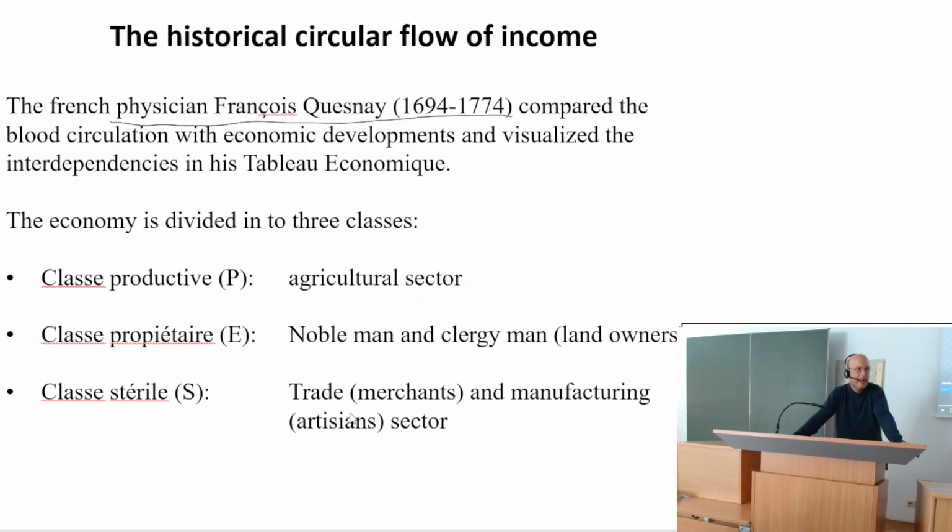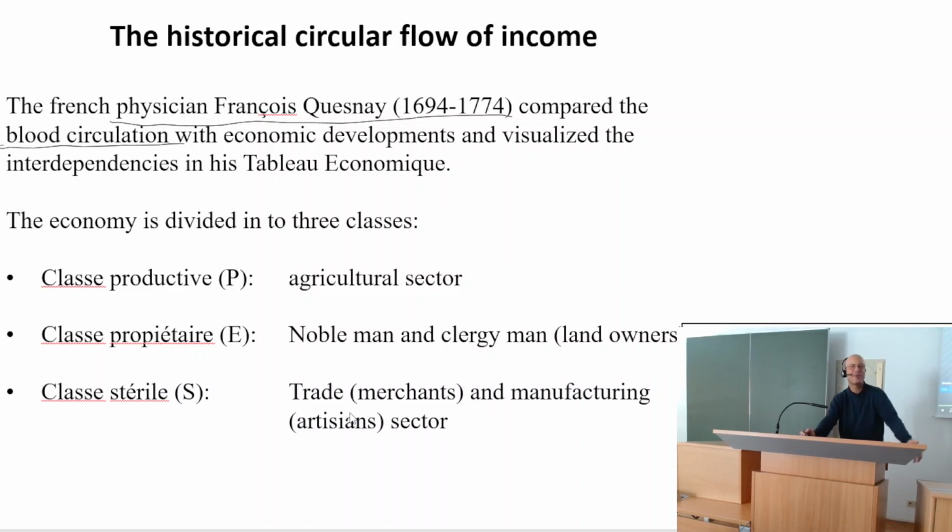And well, science during this time also developed. So the medicine especially. And then they found how the blood was circulating in a body. Well, and then you quite often look at your topic and then you say, what are other people doing? And maybe I can use their concepts.